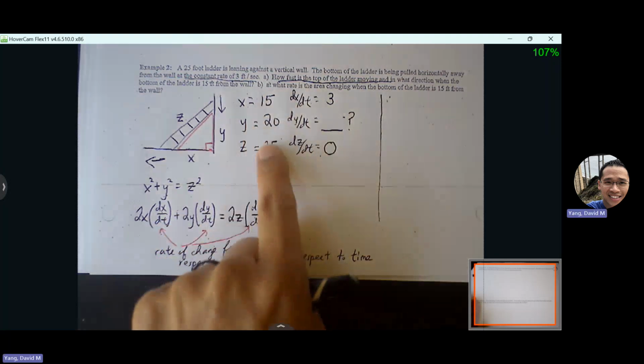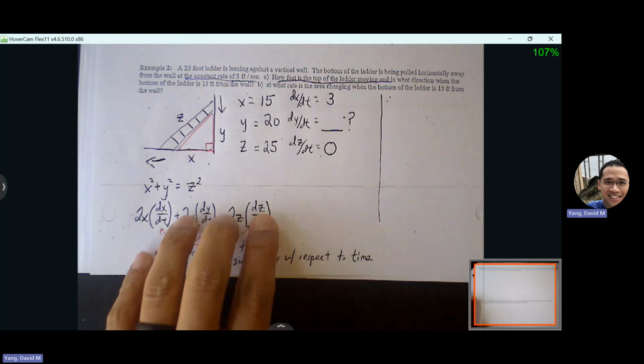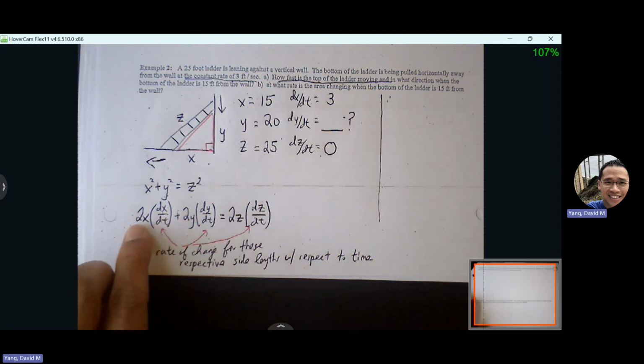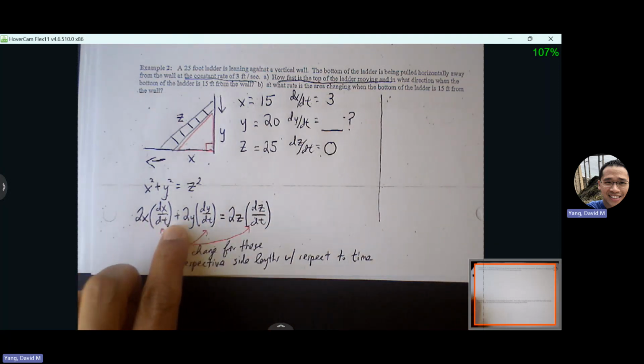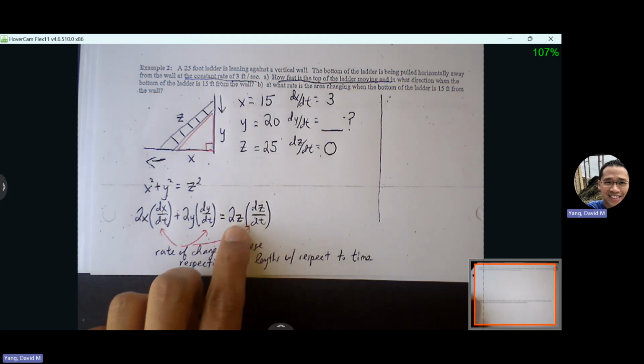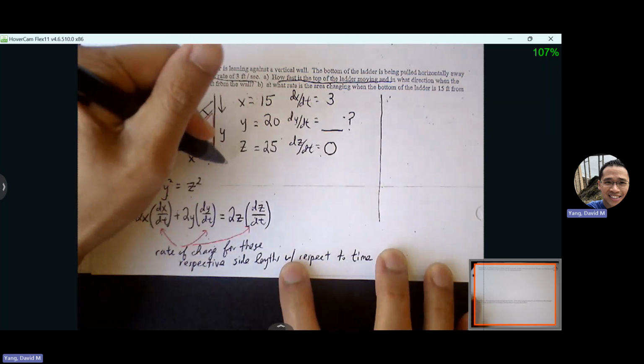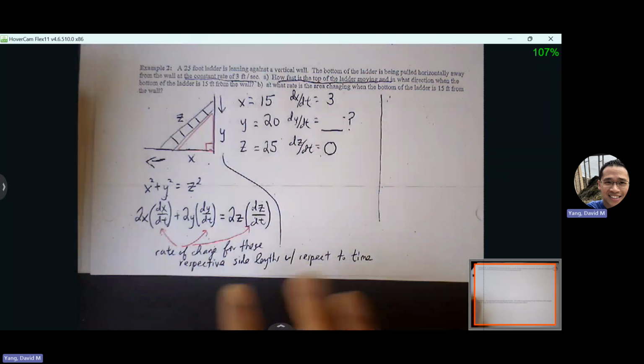Okay, so do we have enough information to solve for dy/dt? Yes, so we just put everything in: replace your x, your dx/dt, your y, your z and dz/dt, and that leaves us with dy/dt to plug in and solve. So we're just going to plug everything in and solve for our missing variable.